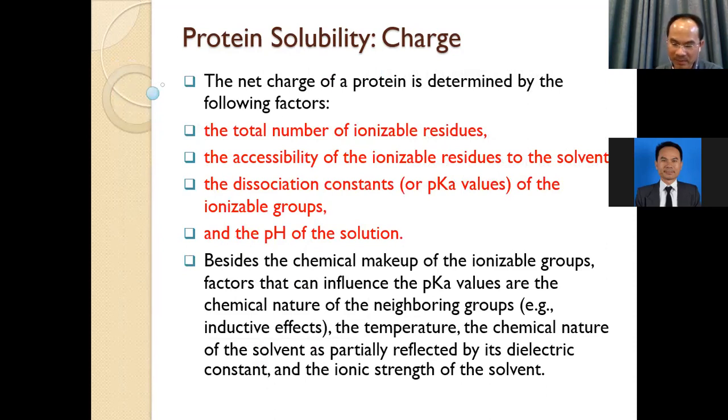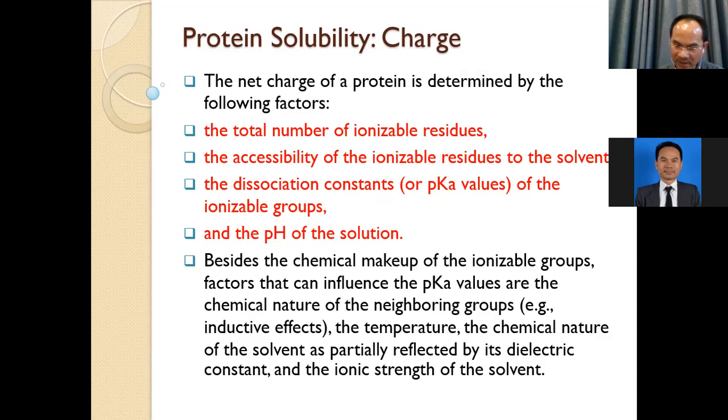The net charge of the protein can be determined by the following factors. The first is the total number of ionized residues, like sodium chloride ionizing as sodium plus and chloride minus. This is determined from the ionized residues, and also from the pKa, or dissociation constant, of the ionized group, which is mostly found in ionic compounds like amino acids. Also the pH of the solution.